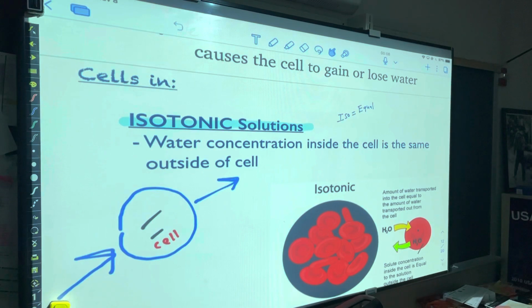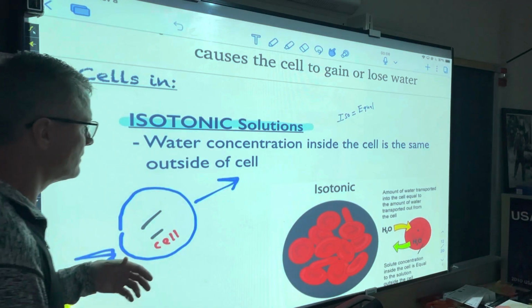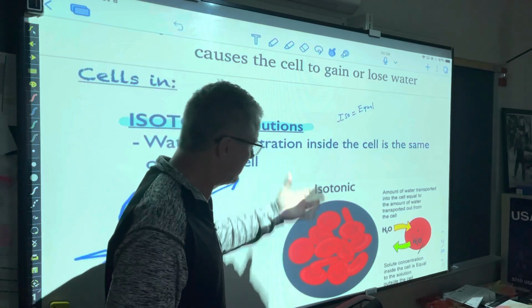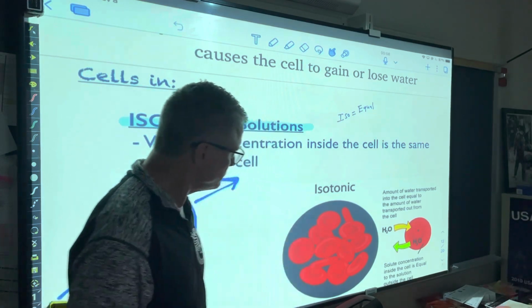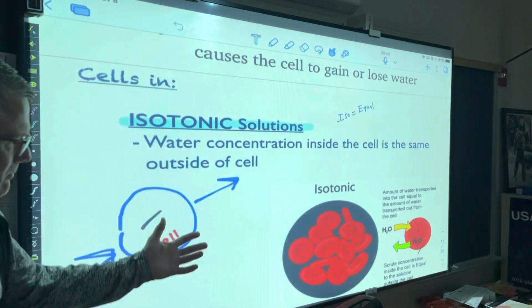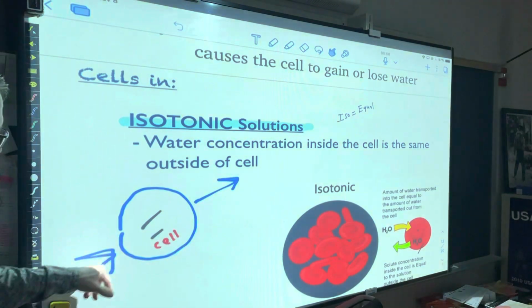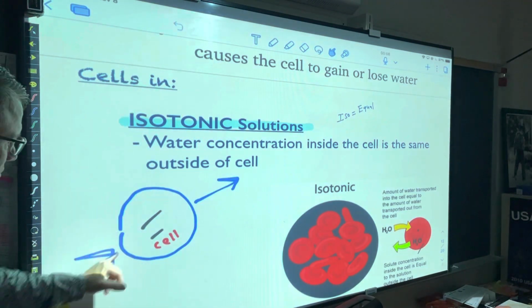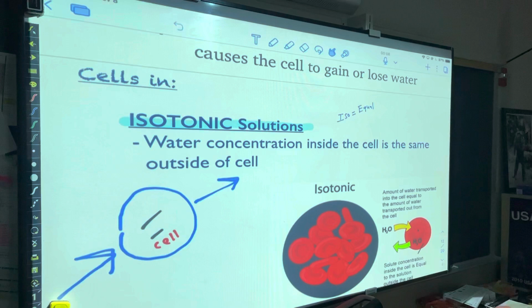It likes to go where there's a lot of it to where there's not a lot of it, and it just does it automatically. It's just one of those natural laws. So right now, if you're like me, I'm hydrated, I'm not really thirsty, my red blood cells are normal shape because my blood is an isotonic solution, so the water going in is equal to the water going out. Easy.